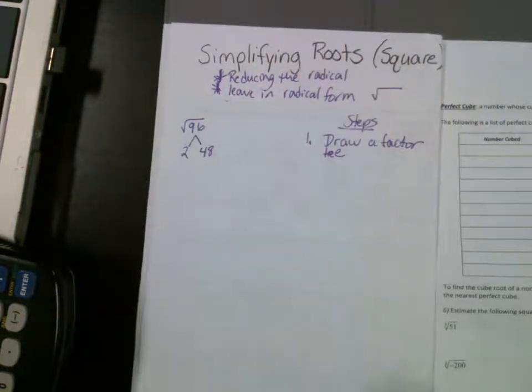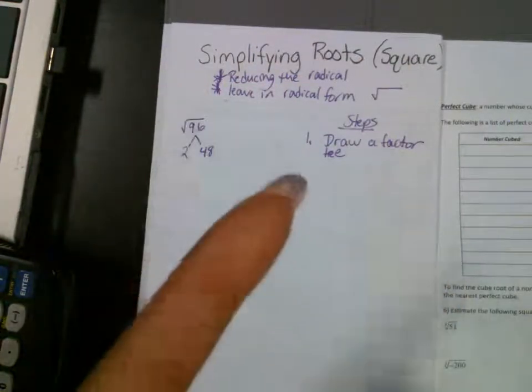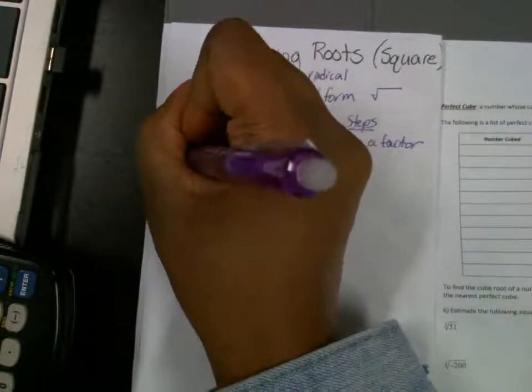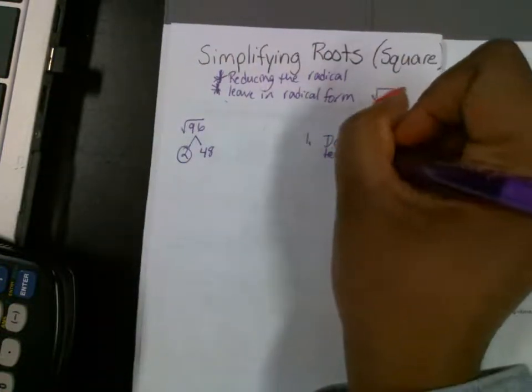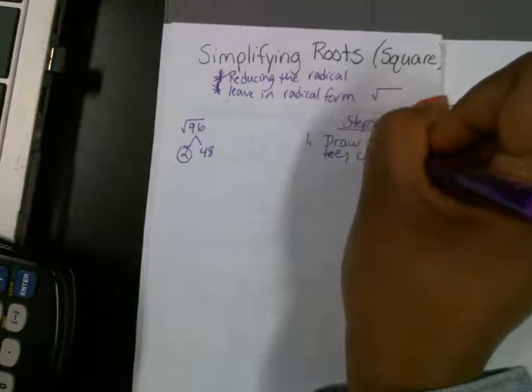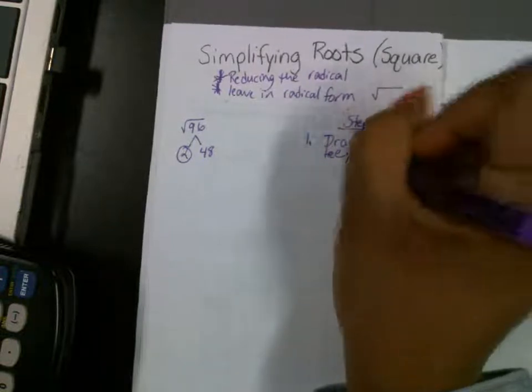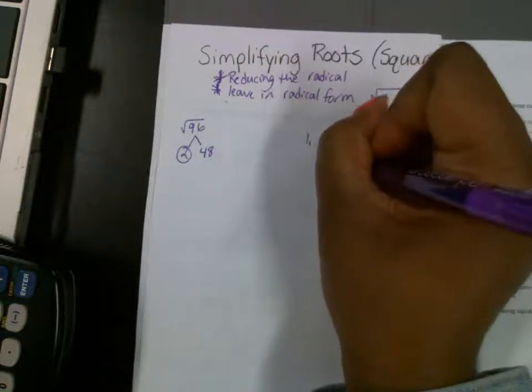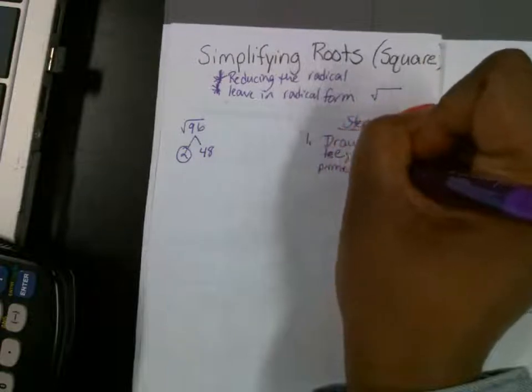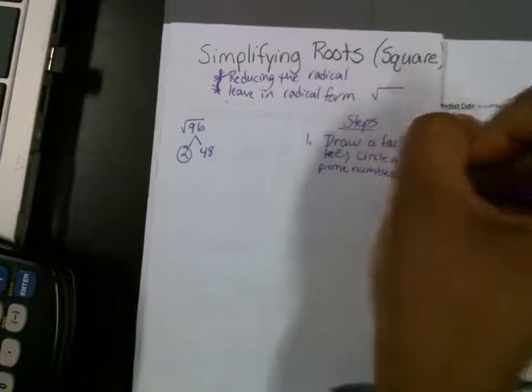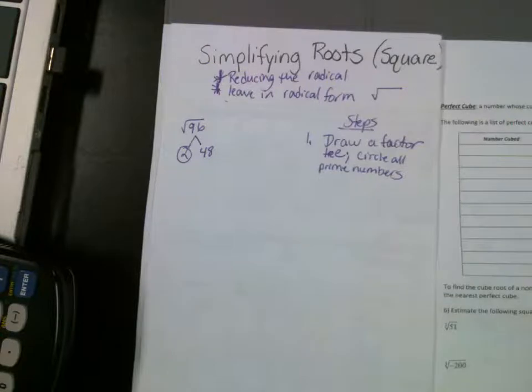2 is a prime number because it only has 2 factors, 1 and itself. So circle it. So don't forget, circle all prime numbers. Draw your factor tree.